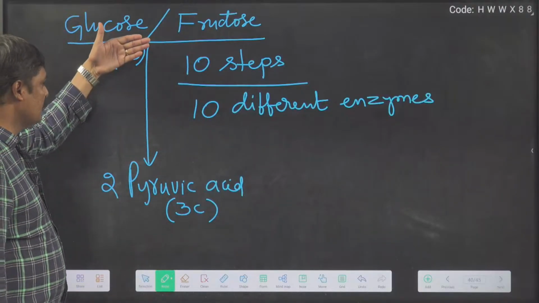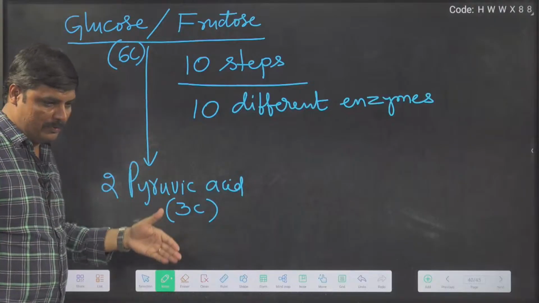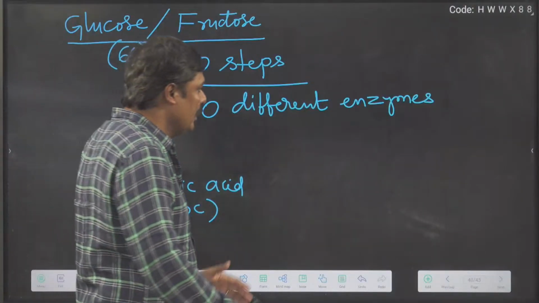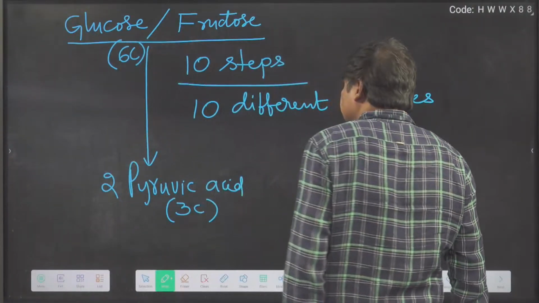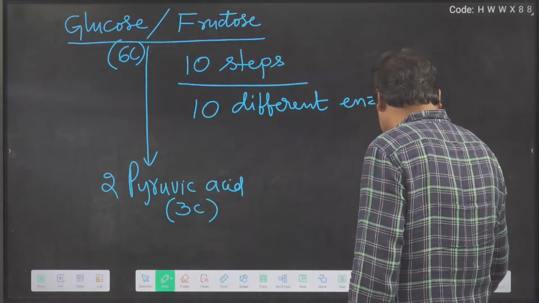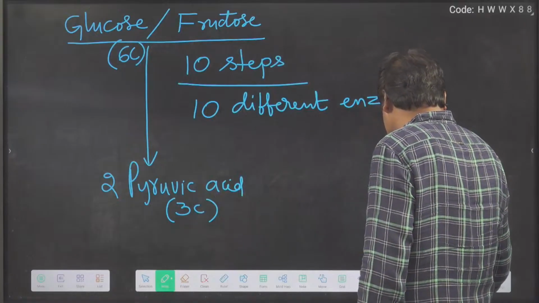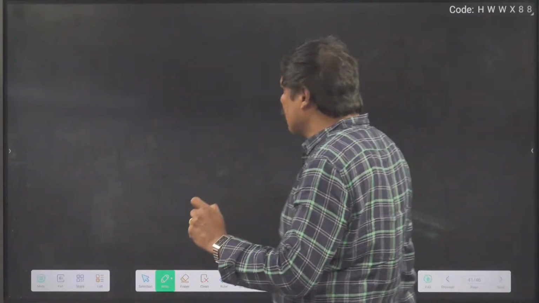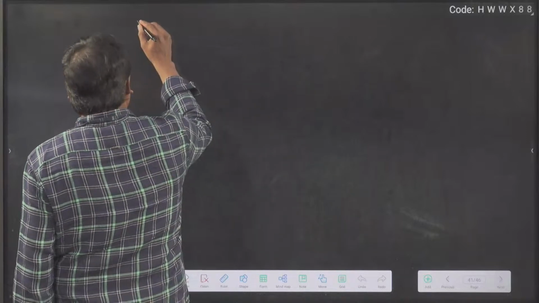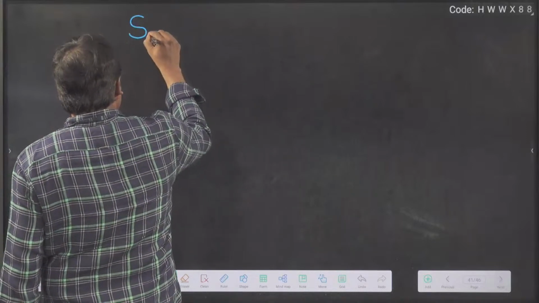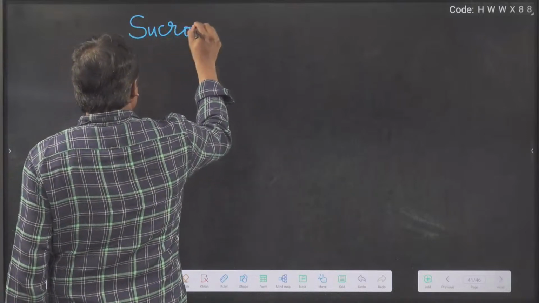Now let us see. So glucose breaks down into pyruvic acid. And one more point here. In plants, the end product of photosynthesis is sucrose.